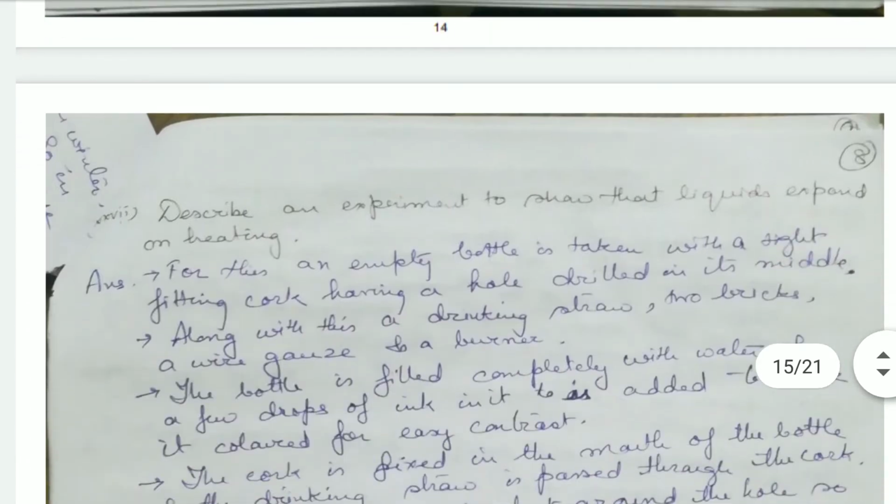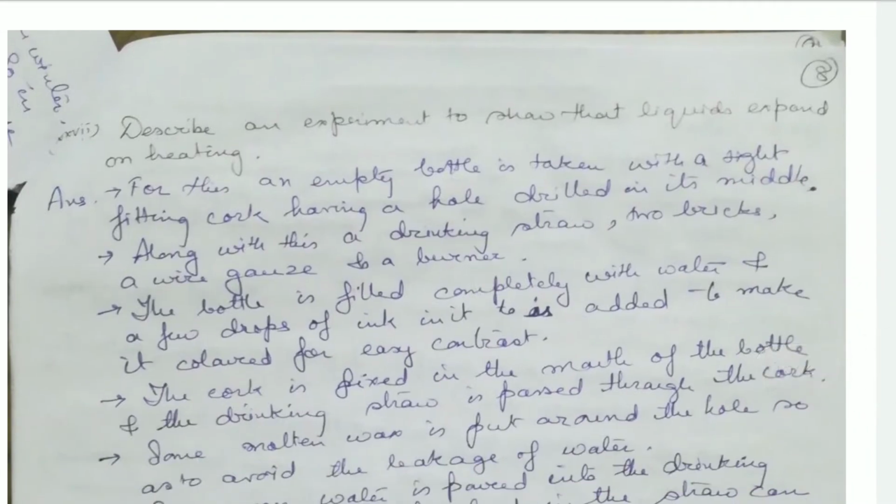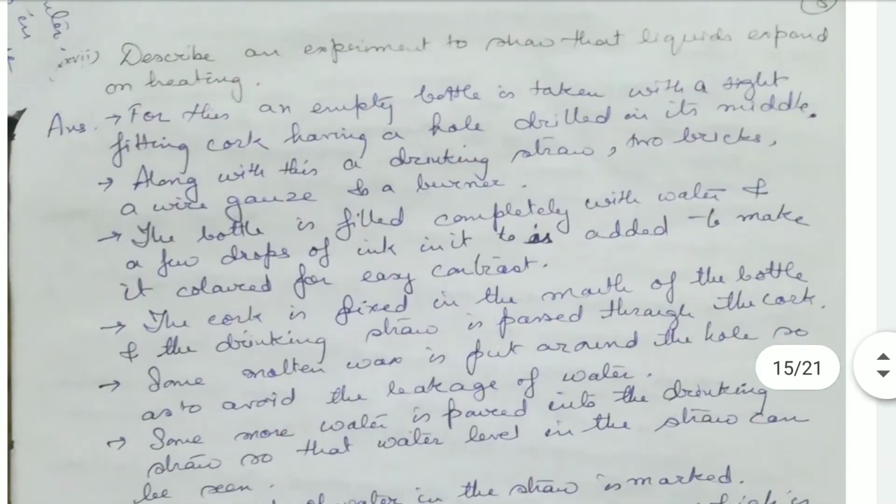Next question is: describe an experiment to show that liquids expand on heating. For this, an empty bottle is taken with a tight fitting cork having a hole drilled in its middle, through which a drinking straw will be passed.